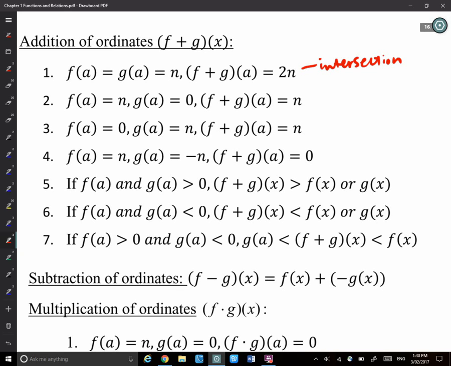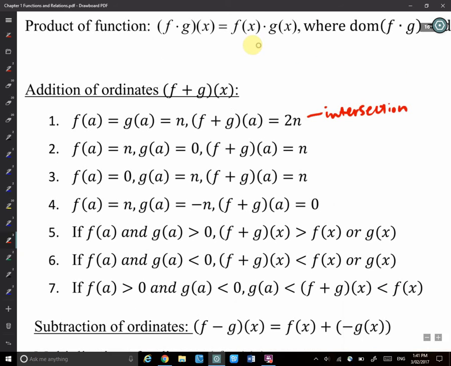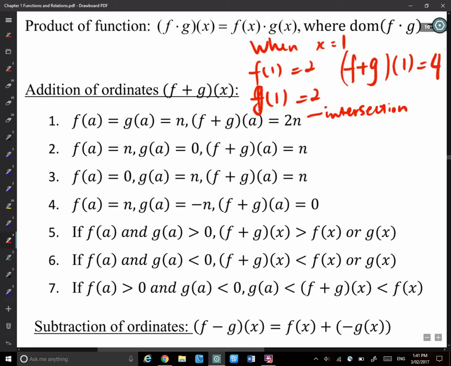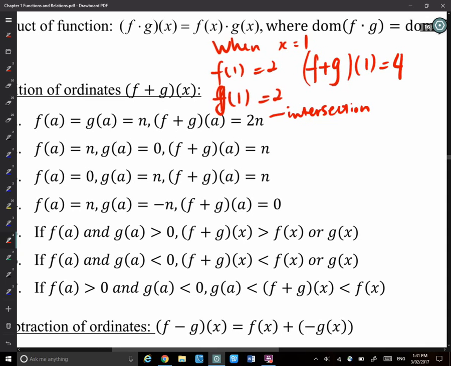So for that a value, it will be twice as high as before, because you sum them. For example, when x equals 1, f(1) equals 2 and g(1) equals 2. Therefore, (f plus g)(1) must equal 4. So it's twice as high as before.